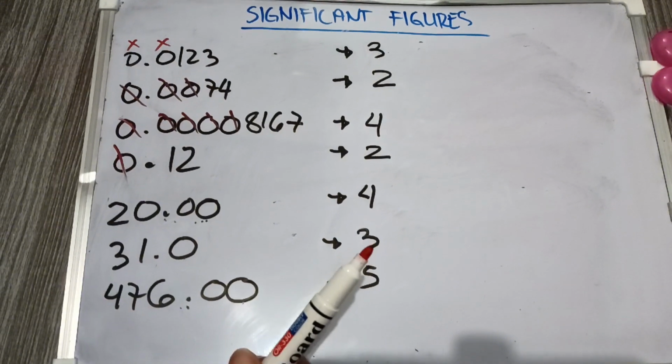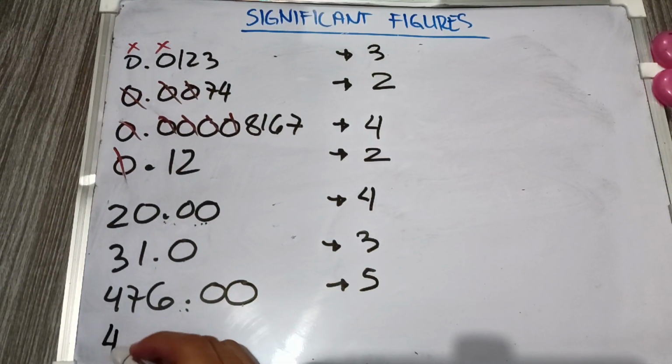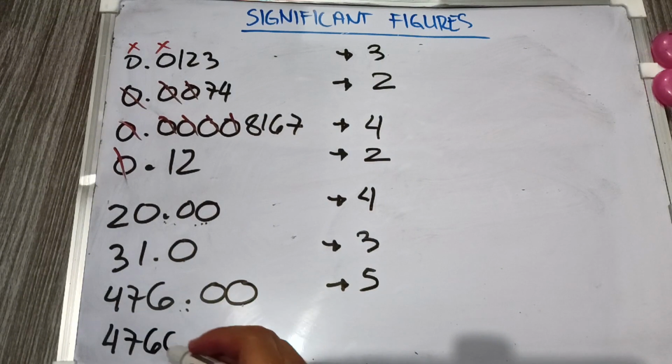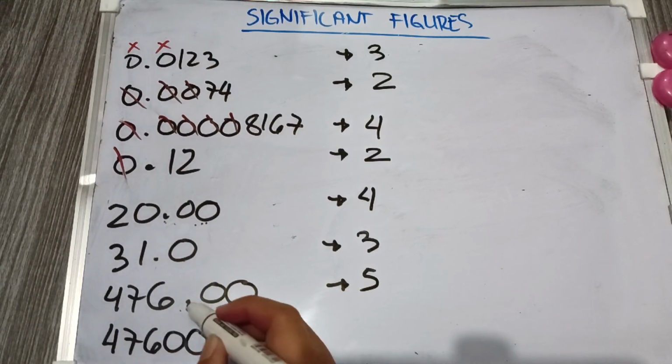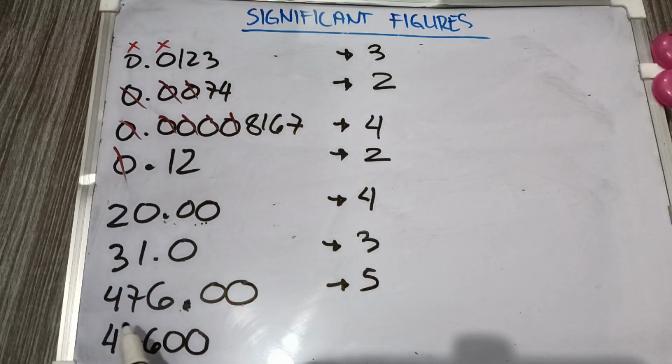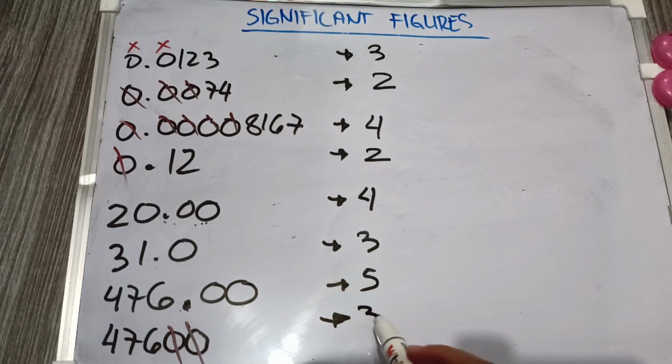This is different from 47600. The difference is this one has a decimal, that's why it's counted, but this one doesn't have any decimal. So we cannot count the zeros in here because there is no decimal point. So we only have 1, 2, 3. We only have 3 significant figures.